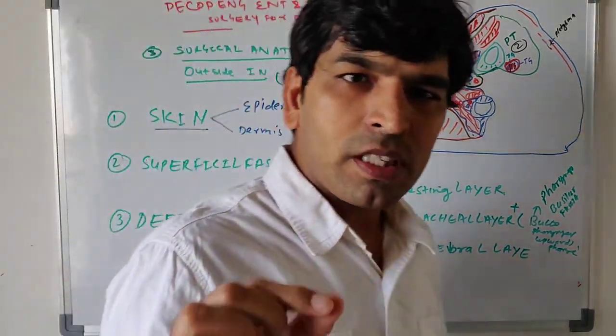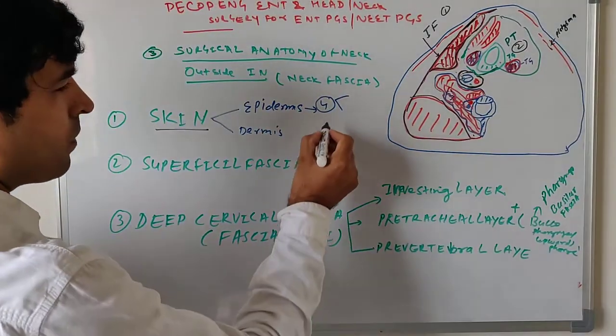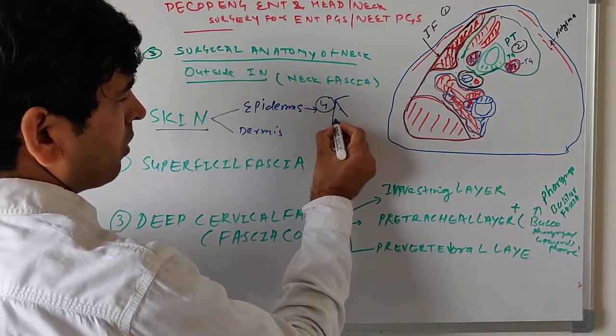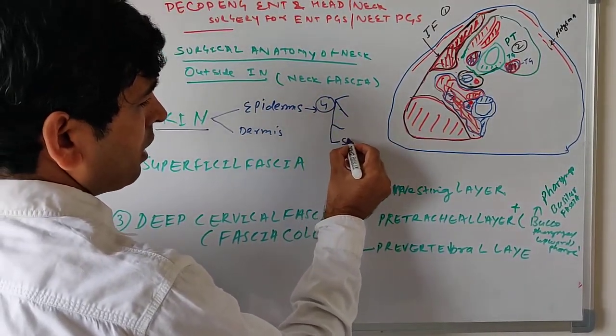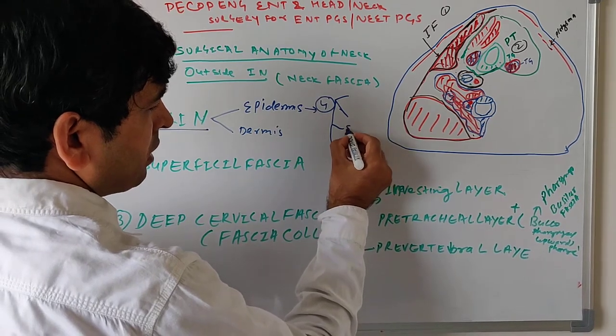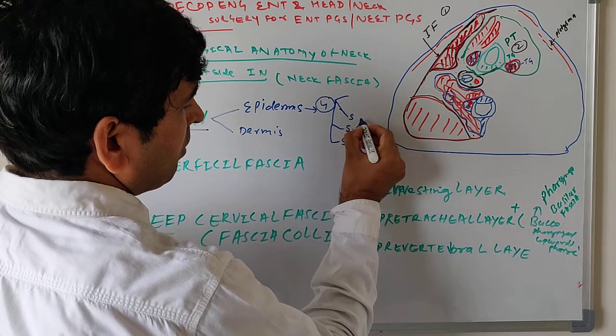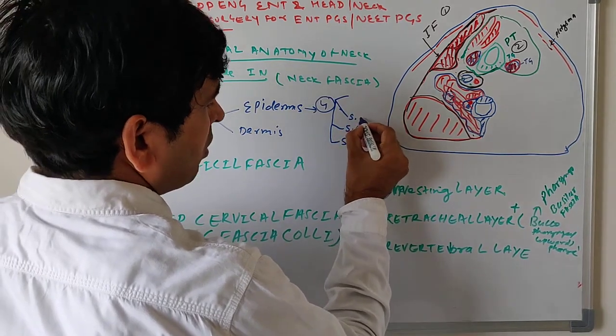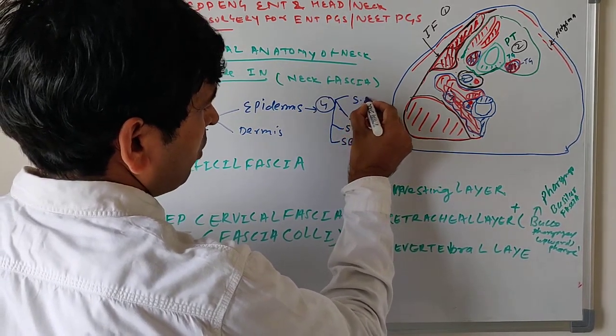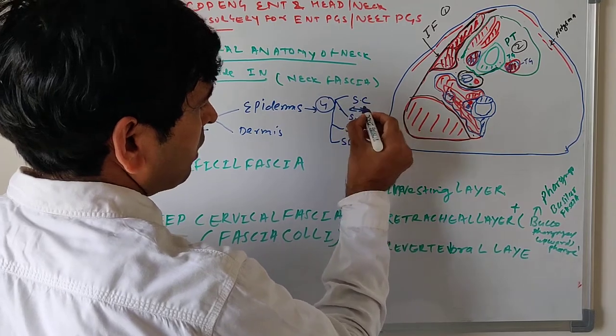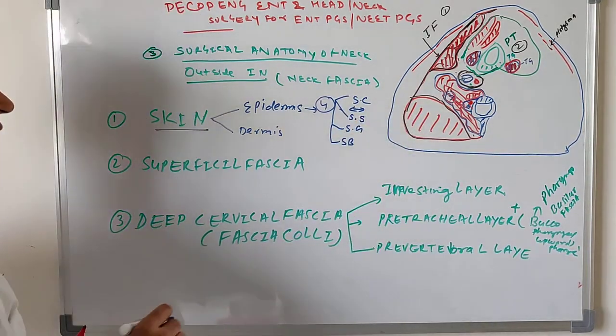Stratum lucidum is absent in the neck. Stratum basale, stratum granulosum, stratum spinosum, and stratum corneum. Here the lucidum is absent in the neck.